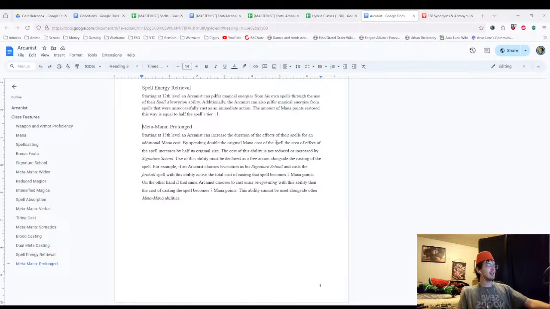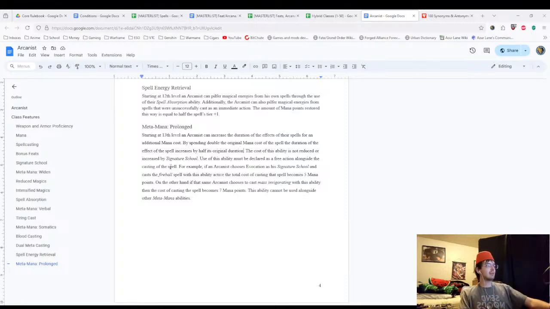The duration of the effect of the spell increases by half its original duration. The cost of this ability is not reduced or increased by signature school.